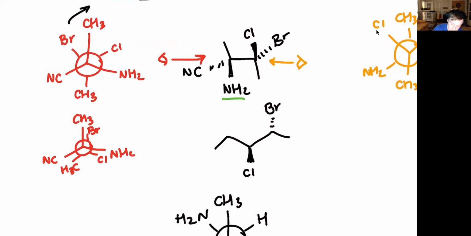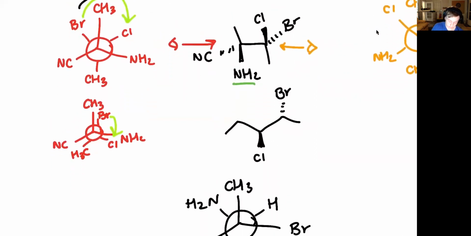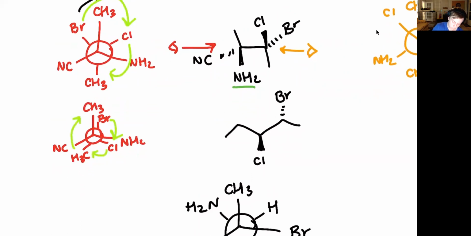It's really important that if you go one position clockwise, we go from bromine to chlorine. If we do that again, we should again have bromine to chlorine. And we go chlorine to methane, chlorine to methane, methane to bromine, methane to bromine.